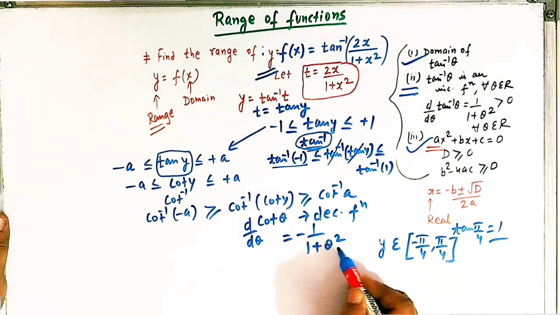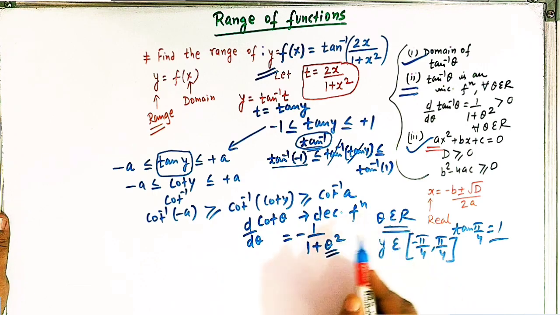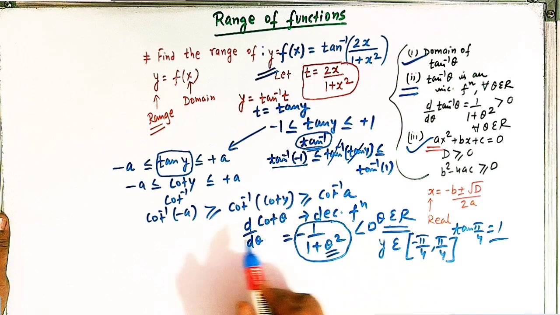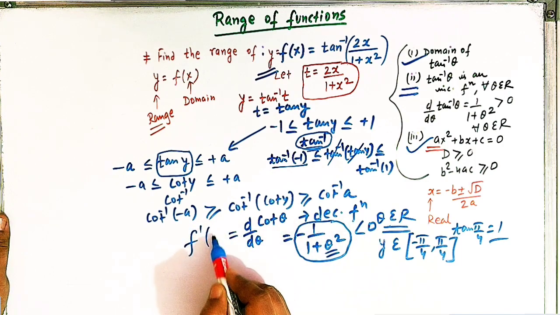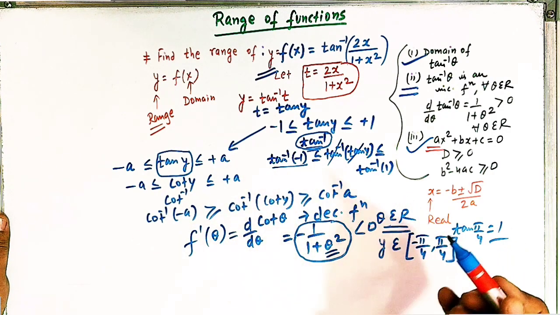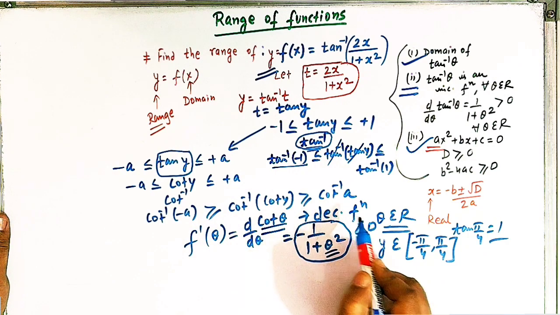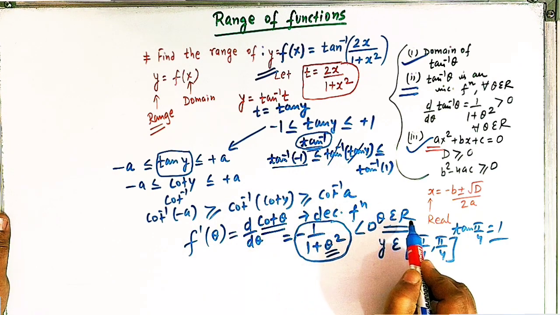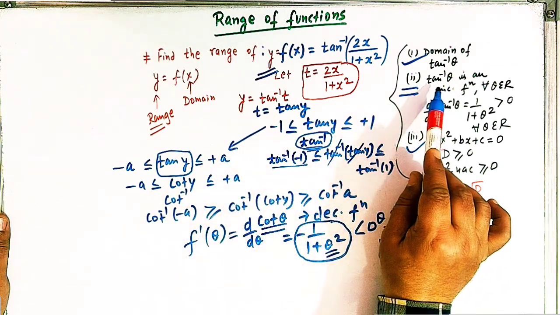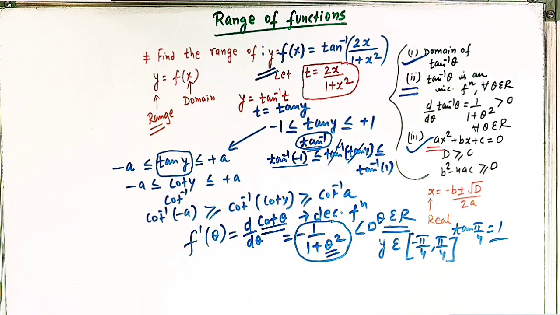And for all values of theta belonging to the set of real numbers, this expression is always going to be less than 0, right? So it means the derivative is negative, that is the slope is negative. So the function cot theta is a decreasing function for all values of theta belonging to the set of real numbers, right? So this is the concept which we have used in finding out the range of function.